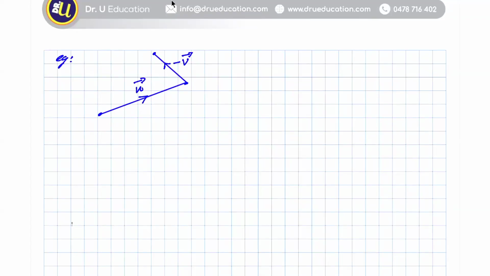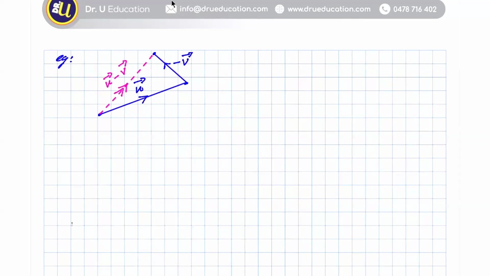This is negative V vector. So now you have to think about the vector addition here. So if you think about the vector addition, it would be from here to here. So that can be U vector minus V vector. So this vector is called U vector minus V vector.